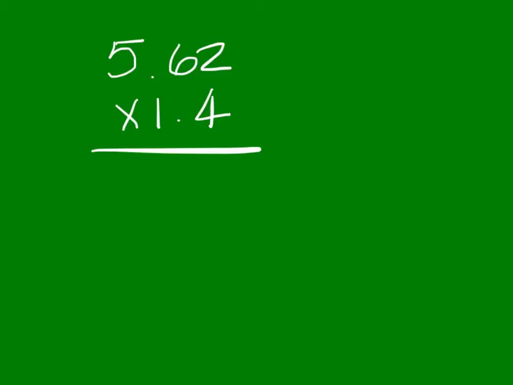So when I start here, 4 times 2, I'll get 8. So we just went from there to there. Now we have to do 4 times 6, which is 24. But what do I write beside the 8? 4, yes.